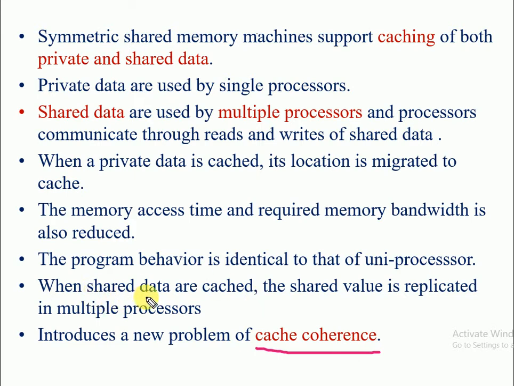When the shared data are cached, the shared value is replicated in multiple processes. Because of that, the problem called cache coherence may occur within this shared memory architecture. So we'll be discussing the solution of this cache coherence problem on the shared memory architecture.